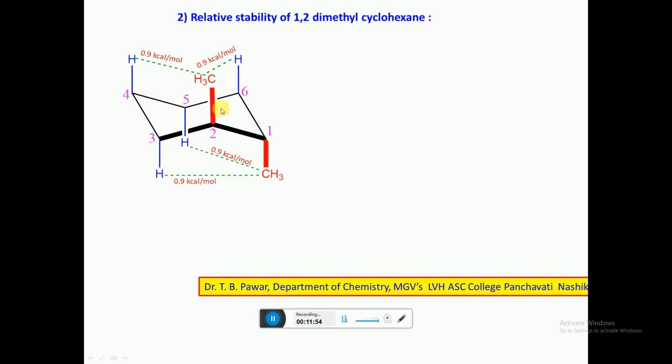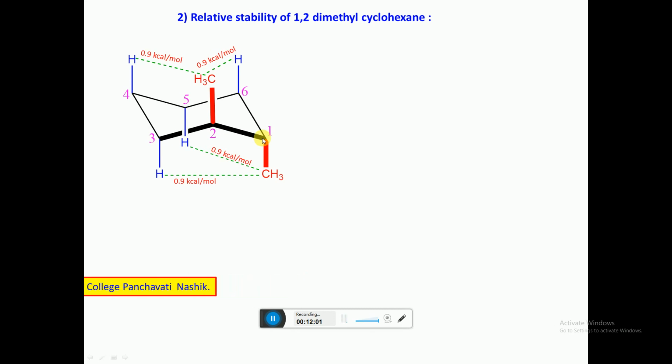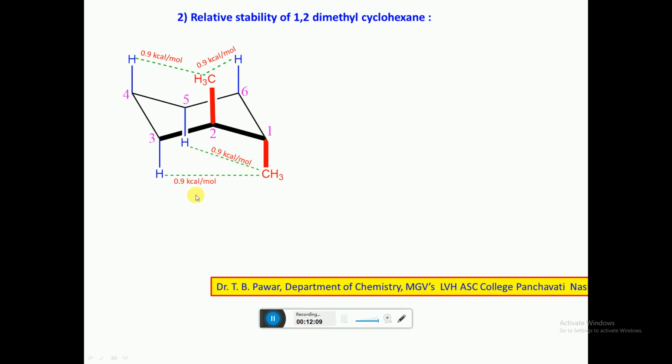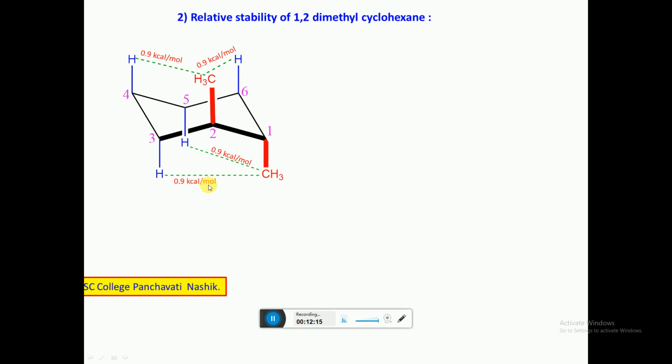In another word, suppose the carbon number 1 CH3 is gauche to the carbon number 5 CH3, and again gauche to the carbon number 3, meaning 2 gauche interactions, like this. In another word, we can say one 1,3 diaxial interaction, or 1 gauche interaction, is 0.9 kilocalorie per mole.